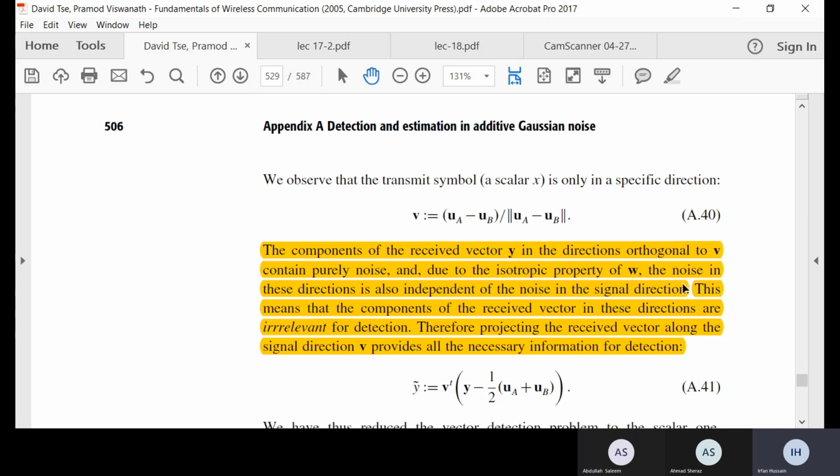Noise in the other directions is not only independent of the noise in the signal direction, so the components of the received vector in those directions are irrelevant for detection. We do not need to go into other directions. We just need to concentrate on this direction. That is why we mapped our signals to these directions.